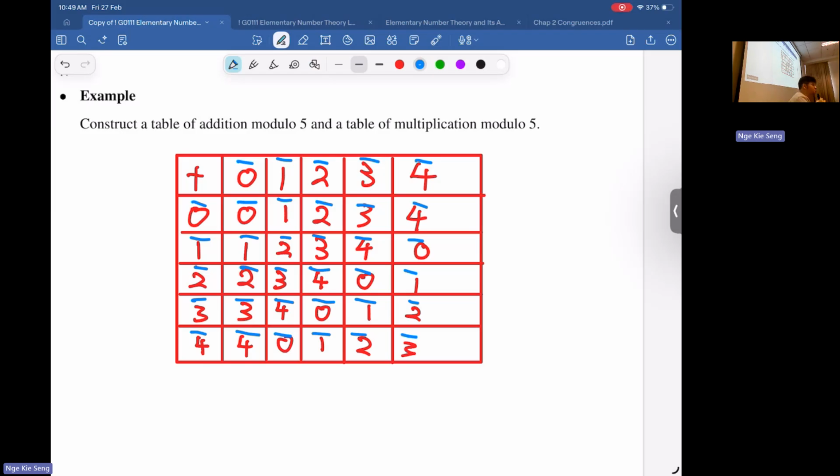This is very interesting. Sometimes we call this a bijection. Can you realize every column, every row has no repeating? This is not a coincidence. This forms something we call a group, a group in the abstract algebra sense.